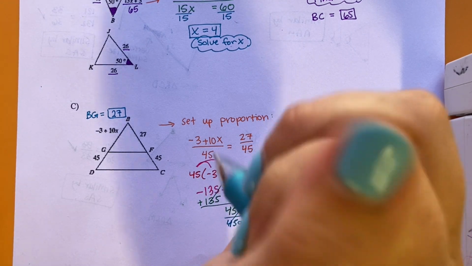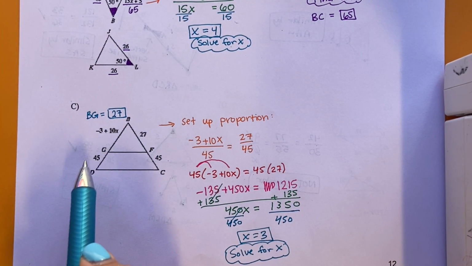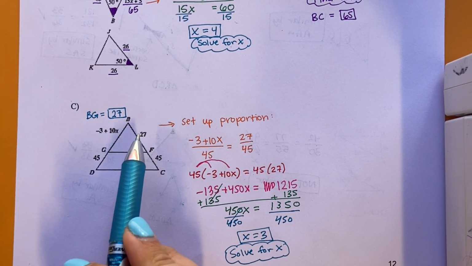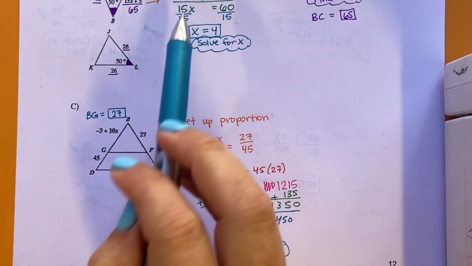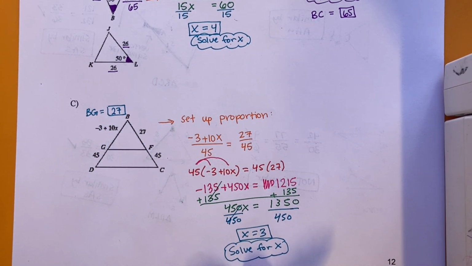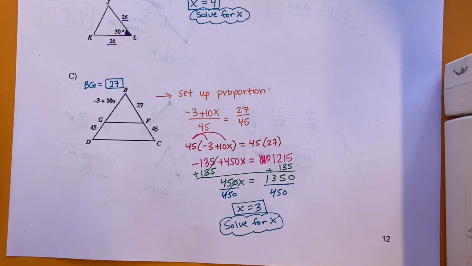So if you found a shortcut and you notice that 45, 45, 27, 27 and set them equal like up here, completely fine. There are a lot of ways you can solve for x and solve for missing sides.